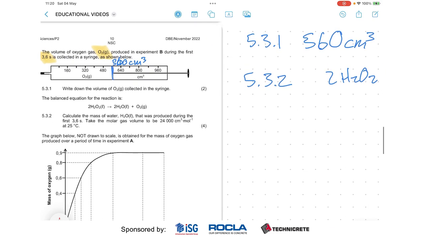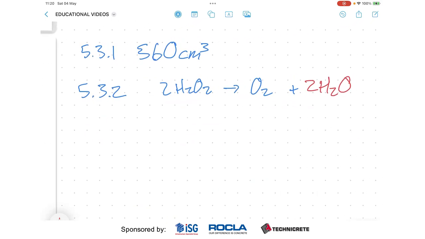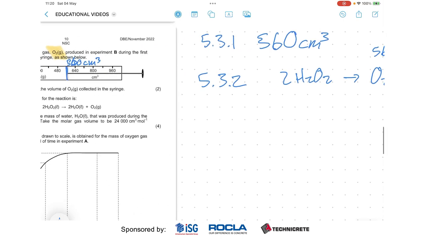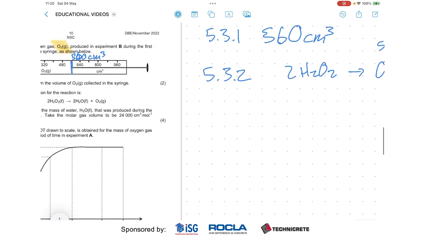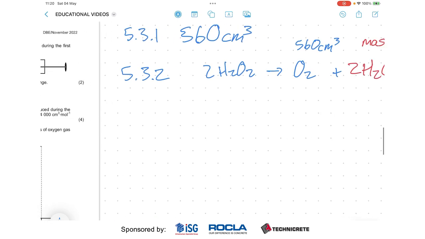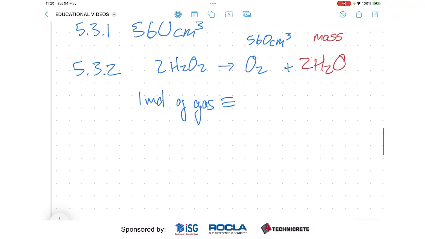So we want to know the mass of water. What we have though is the volume of oxygen. And in the question they tell us to assume the molar gas volume, i.e. 1 mole of gas, is equivalent to 24,000 cubic centimeters.